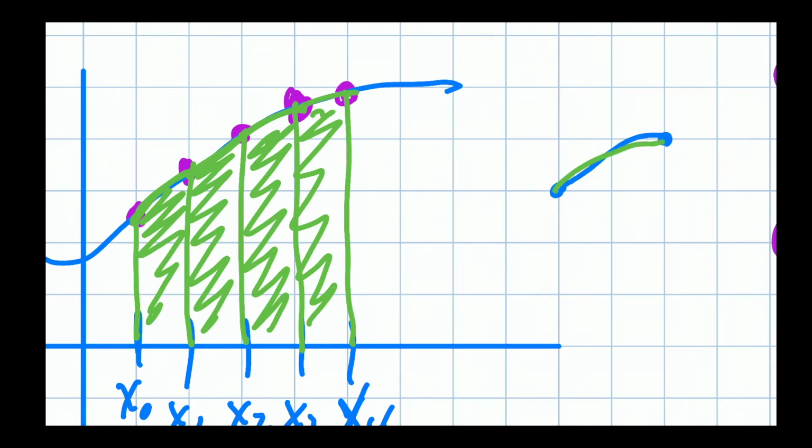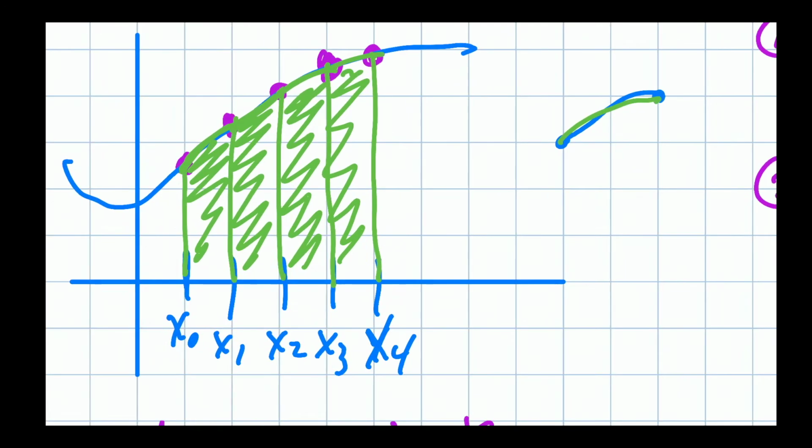They still don't match exactly, but at least there's some curvature, and that means it does a better job of approximating the function.